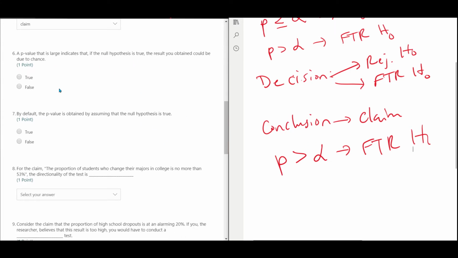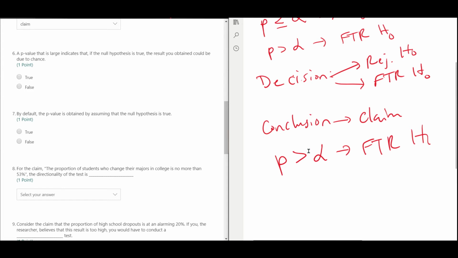If you have a large p-value, you're failing to reject the null hypothesis. Failing to reject it means you don't have enough evidence. We don't know if it's true or not, but we just don't have enough evidence to say it's false.